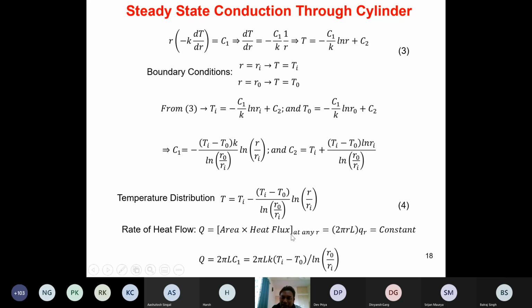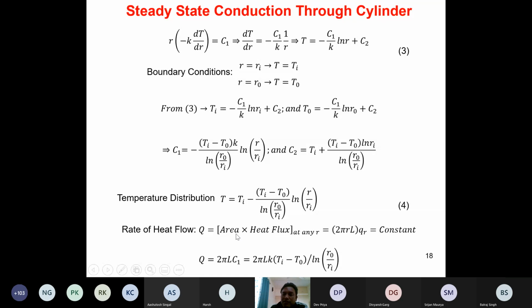So at any R, this Q is going to be fixed. Area is varying, so heat flux is going to vary, but the multiplication of these two at any R is going to be constant because we are looking at the steady state condition. Whatever heat input is there, that should be the same as the output, and therefore this Q should be the same.